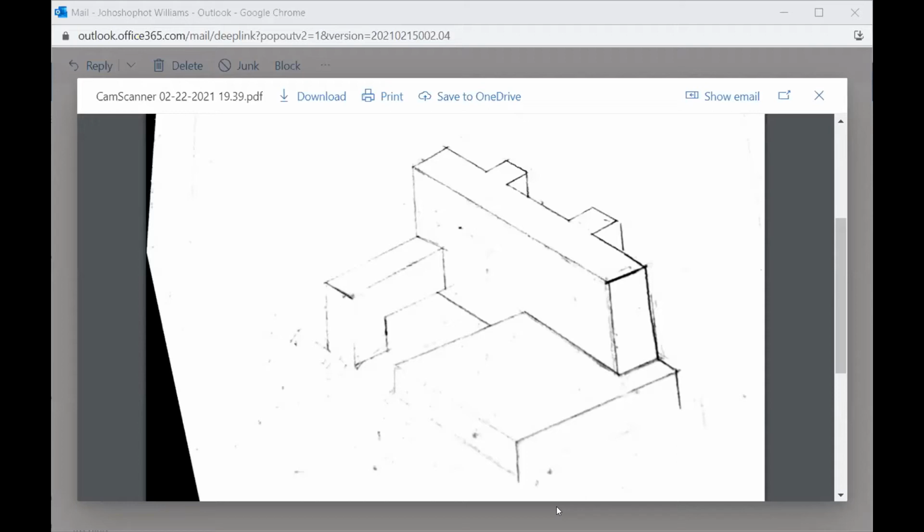Okay, and what's the distance between this wall and that wall? From here to here? Sorry, I was muted.